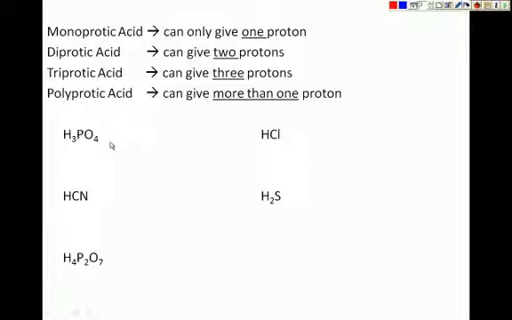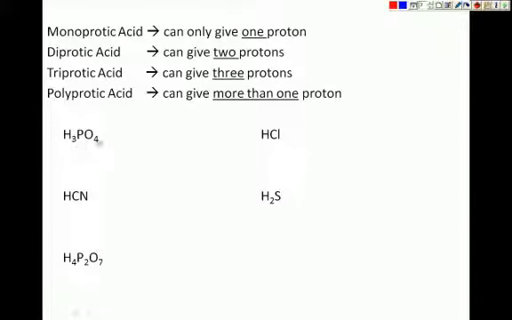So let's take a look and classify some of these acids right here as being mono, di, tri, or polyprotic. Okay, so let's start with this one right here, H3PO4. So this has 3 protons that it is capable of donating.